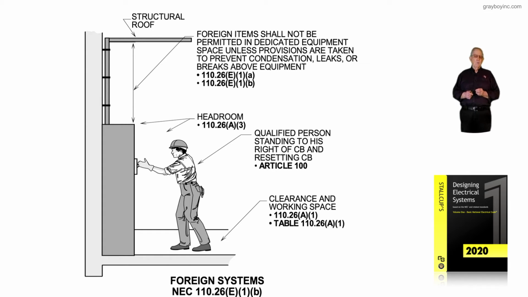110.26(A)(3). And again, the equipment is a greater height. And notice it's a qualified person standing in this work zone in front of it, at least 3 foot or more, and switching a breaker, Article 100.